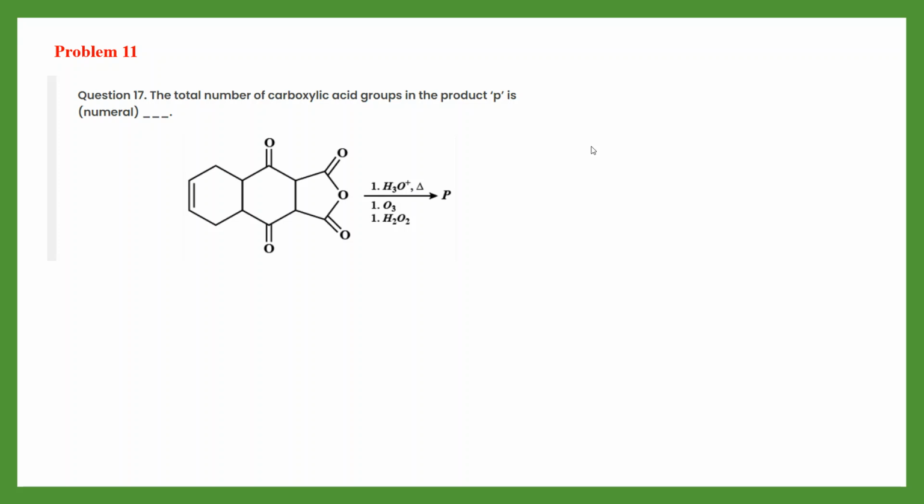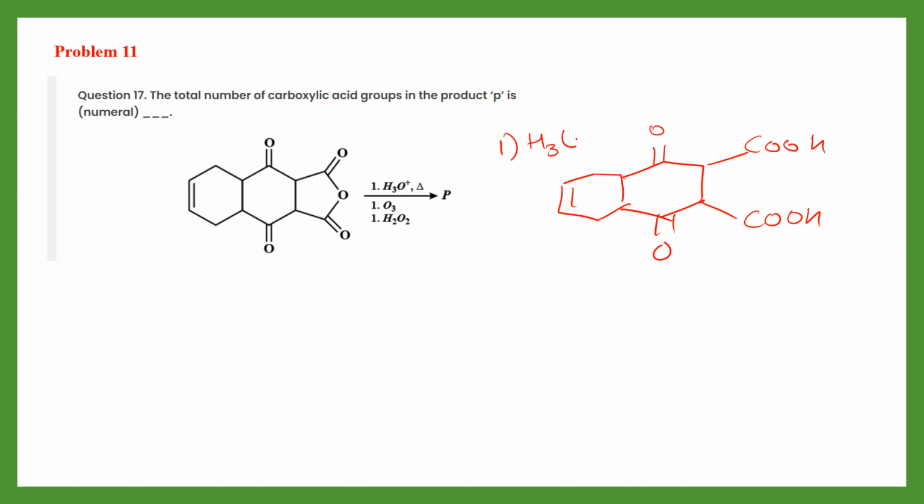See, the second step is nothing but your ozonolysis. Let me tell you. First step is COOH, COOH. On hydrolysis, it will form this. Okay, first on hydrolysis. Then it is saying heating conditions are also there.